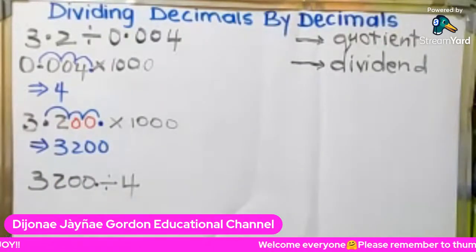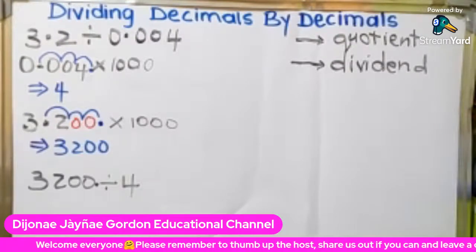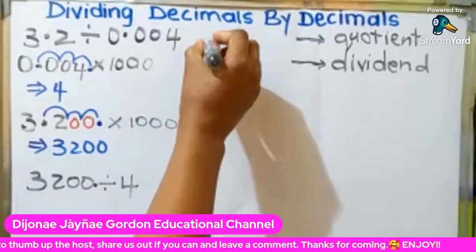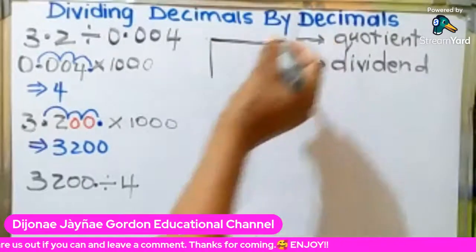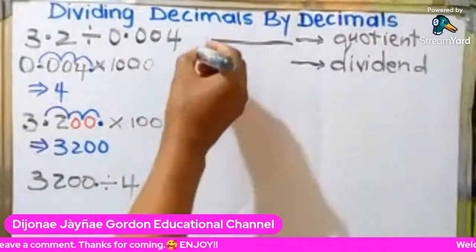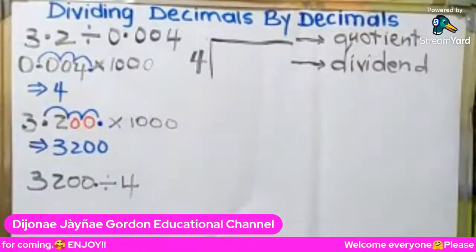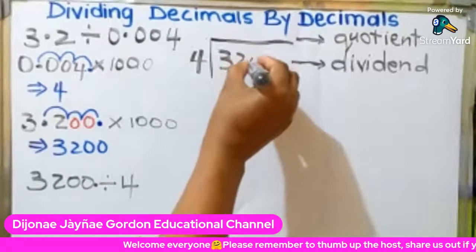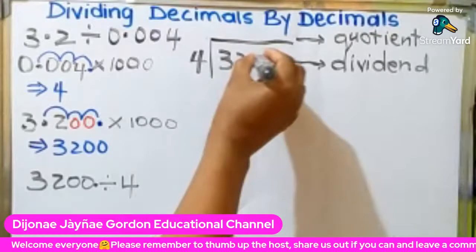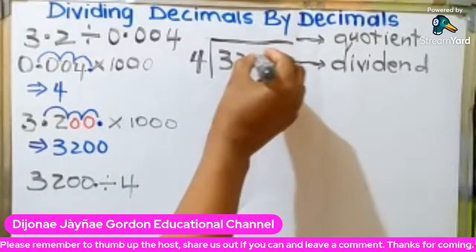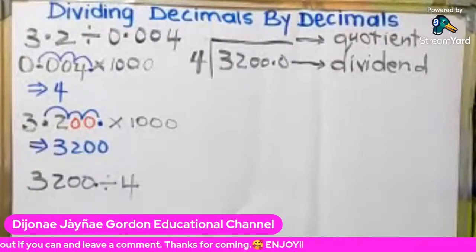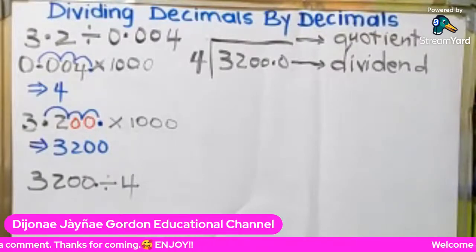So let's go right ahead and work it. We have to set the problem out in order for us to work it, okay? So in this case, 4 is our divisor. And of course, 3,200.0 is our dividend. All right. Let's go right ahead and work this problem out.